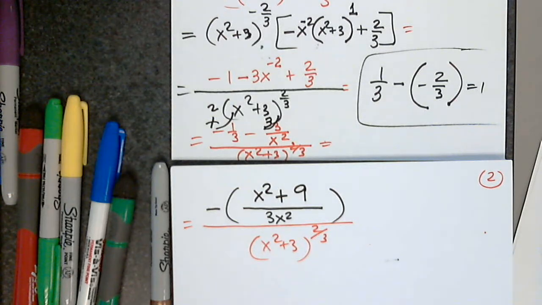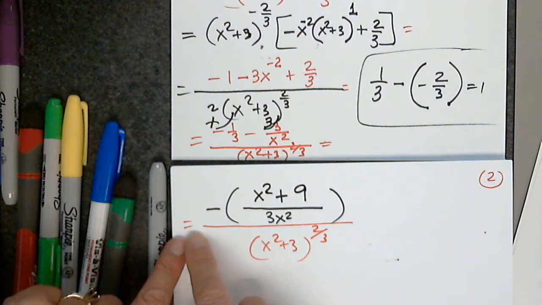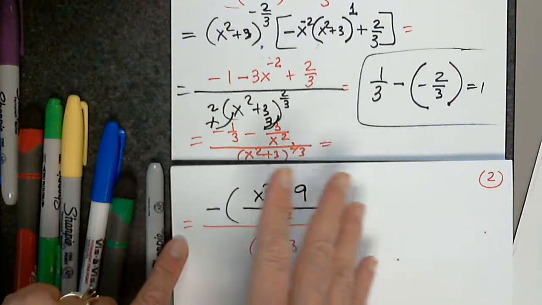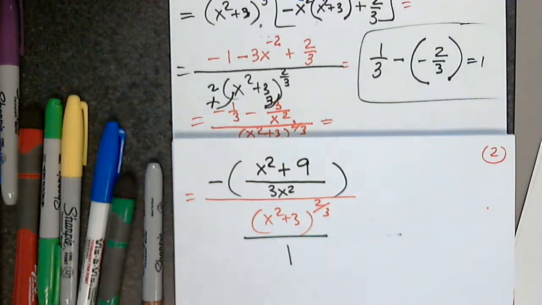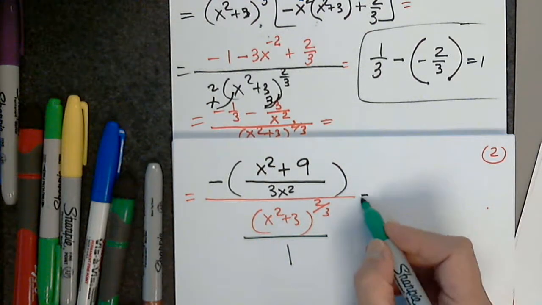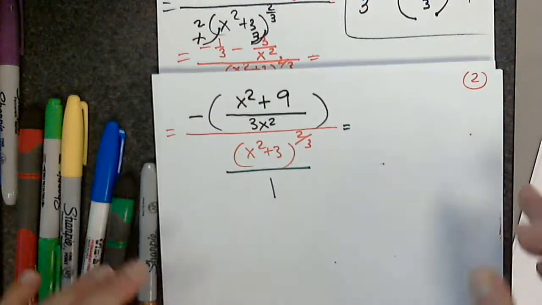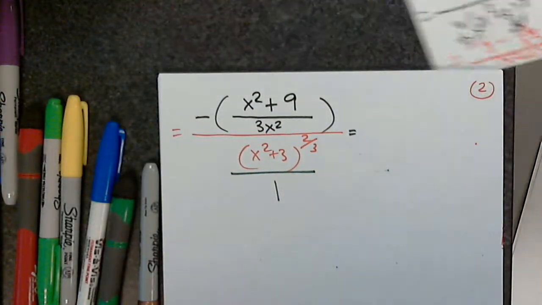Now careful. Be very careful. See where the equal symbol is? Which means the numerator is a fraction. And I can always make the denominator into a fraction because 5 is 5 over 1. X squared plus 3 to 2/3 is the same as x squared plus 3 to 2/3 over 1. Finally, how do I divide two fractions? Right.